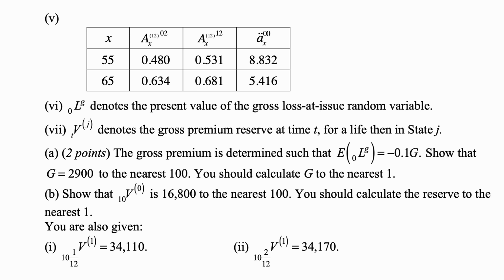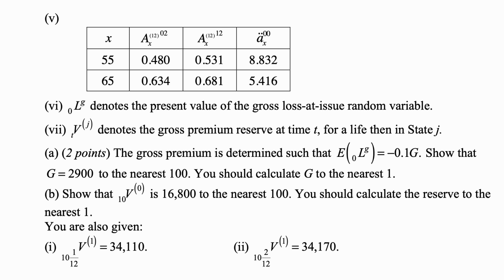Then 0L upper G denotes the present value of the gross loss at issue random variable. tV upper J denotes the gross premium reserve at time t for a life that is then in state j.